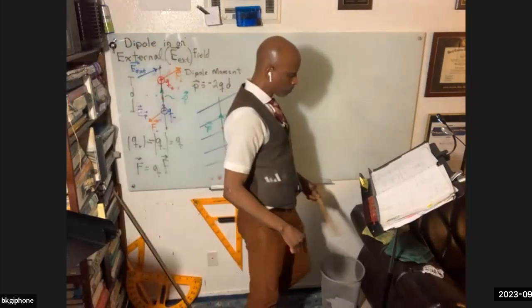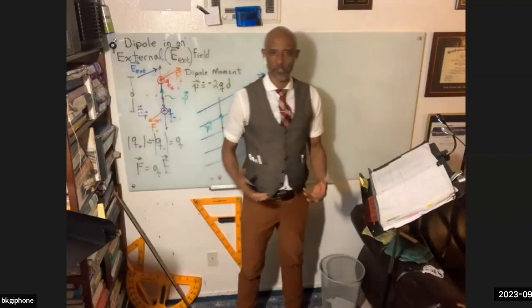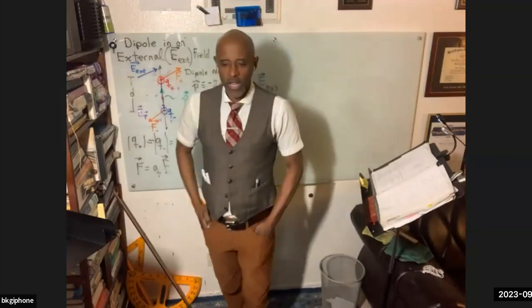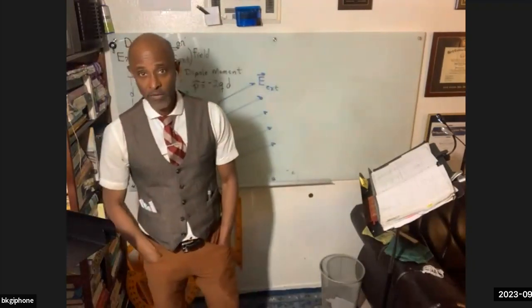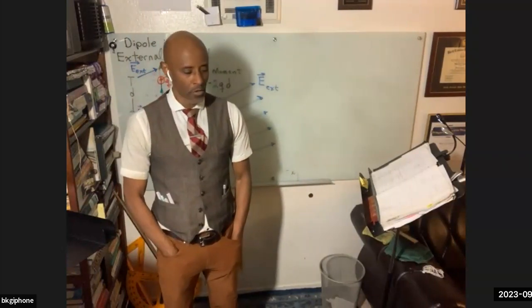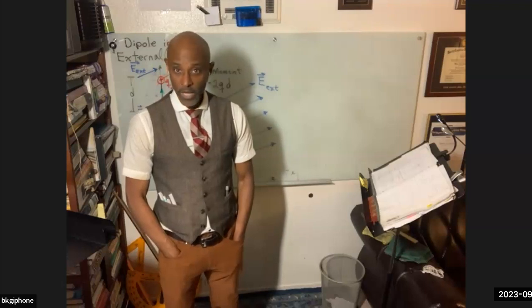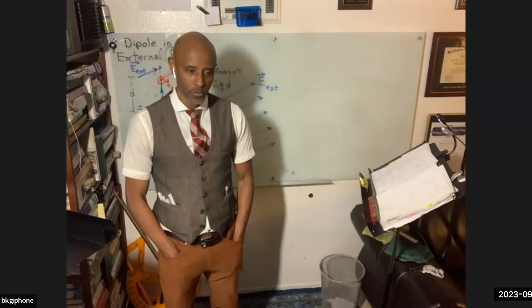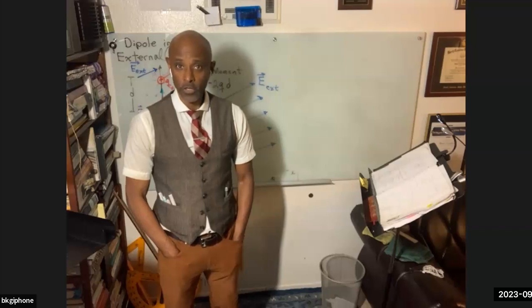Yeah, so that's a qualitative description of what happens ideally when we have a dipole moment in an external electric field. And so we can quantify that. We can apply the concepts of torque and energy to this system and determine quantitatively what the torque looks like.